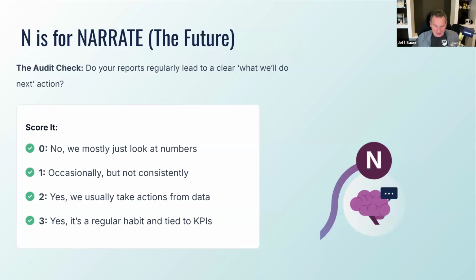Now, I worked with HubSpot, and they're a 3 out of 3 on this one. I helped them set up all their Google Analytics infrastructure, and they were so on the ball with everything they did. It was in their culture. It's the one company I've worked with that was like that.